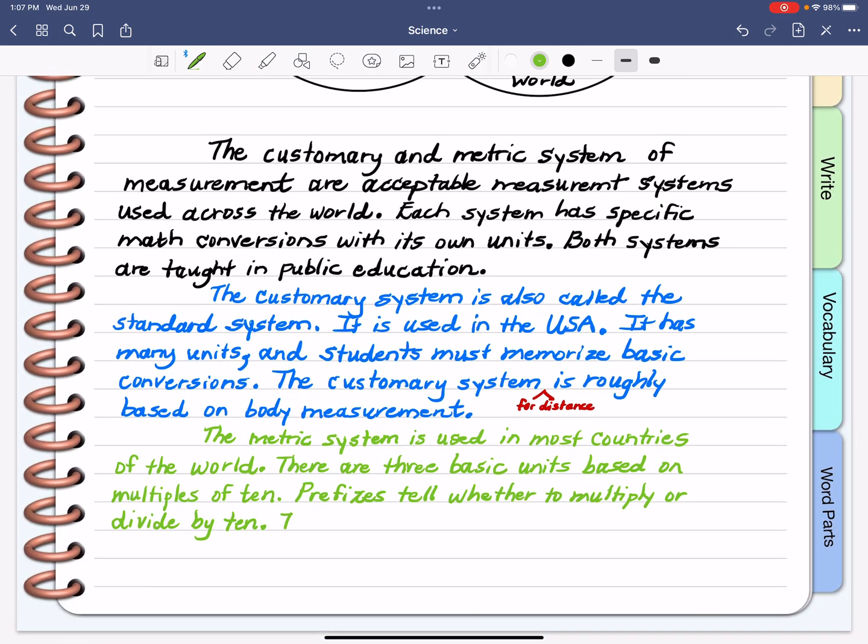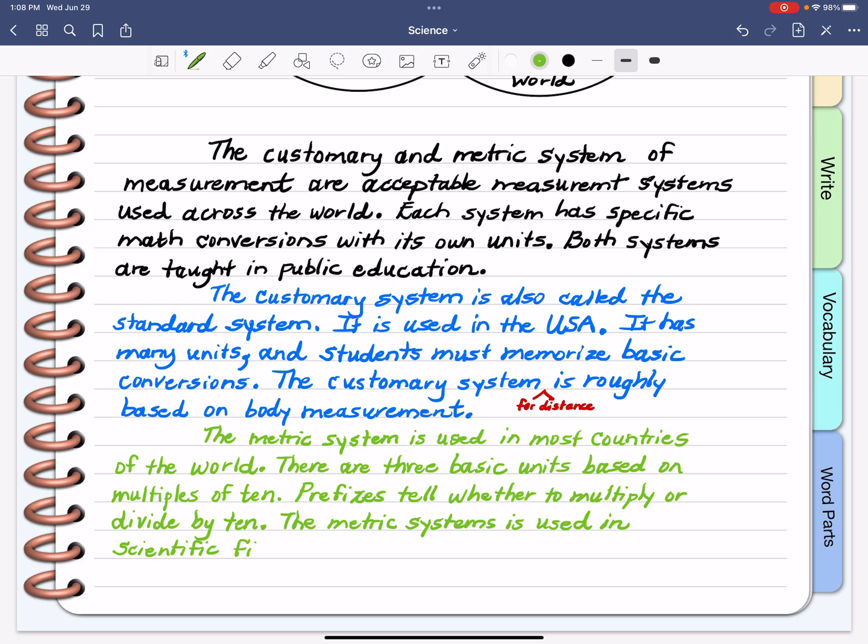The metric system is used in scientific fields. There's that suffix, -ific, that means related to science.